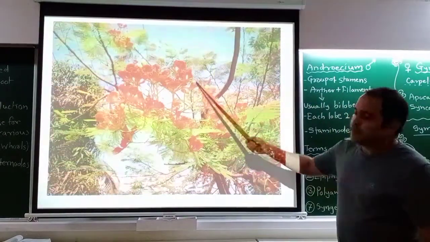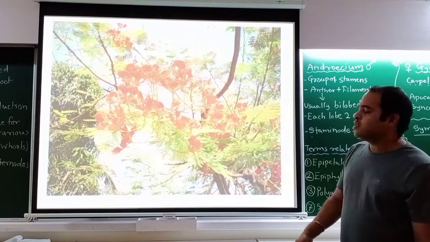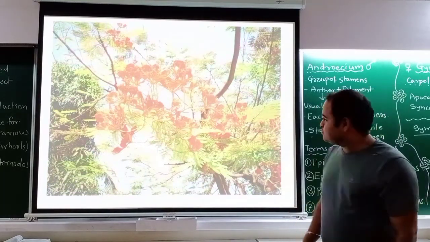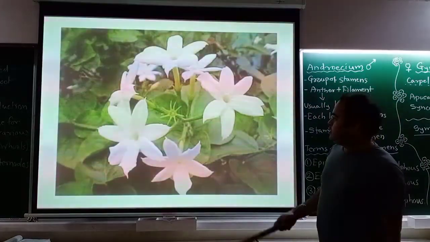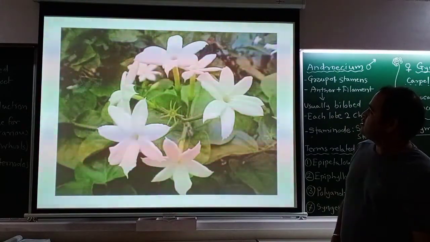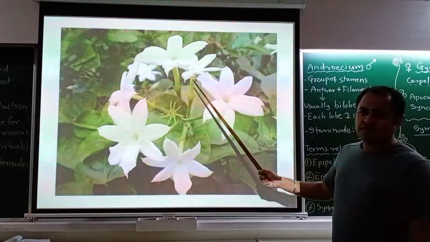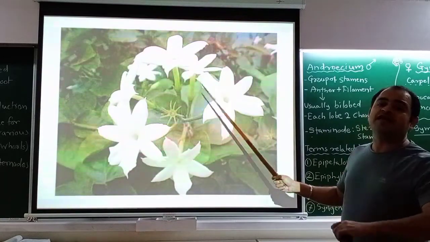So this is Delonix regia or gulmohar. Simply you can see. You need not to always remember the scientific words. Look at the colorful pattern. It's a white color, and purely it is white without any mixing of any other color.